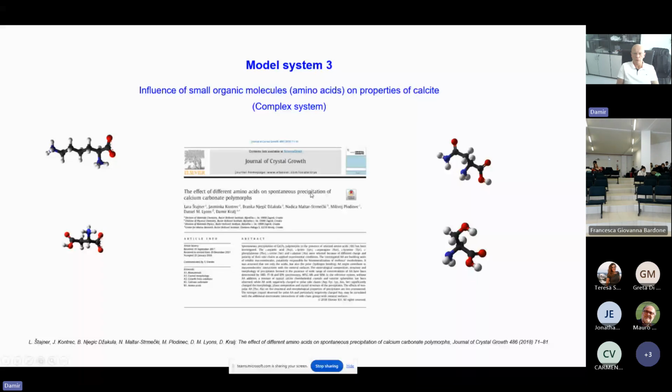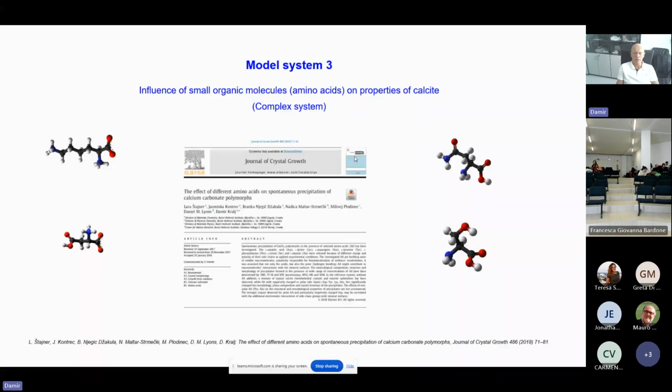Before, we showed that inorganic ions can change the morphology and also the structure of calcium carbonate polymorphs. We additionally increase the complexity of our calcium carbonate system by introducing small organic molecules. We selected amino acids as a good representative due to their role in biomineralization.